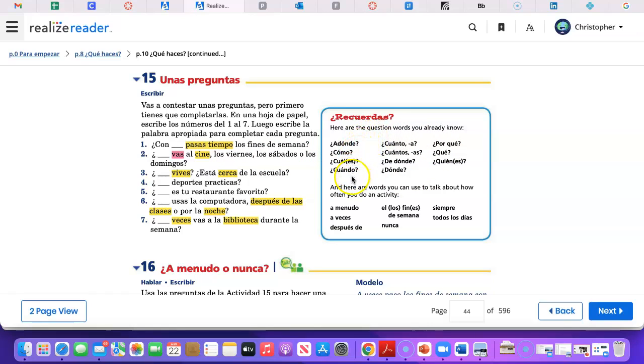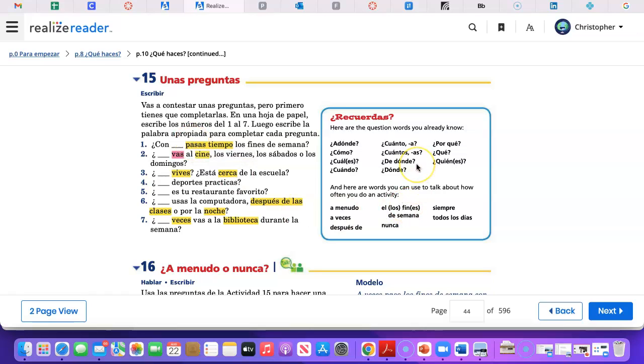Probably cuándo, right? Because it's asking when. So this is what I want you guys to see the link between, and we have it in English. Cuándo, which means when, is almost always going to be used with a reference to time. A day of the week, a time of the day, a month of the year, etc. Who, the first one, was debatable in terms of what your context clues are there.